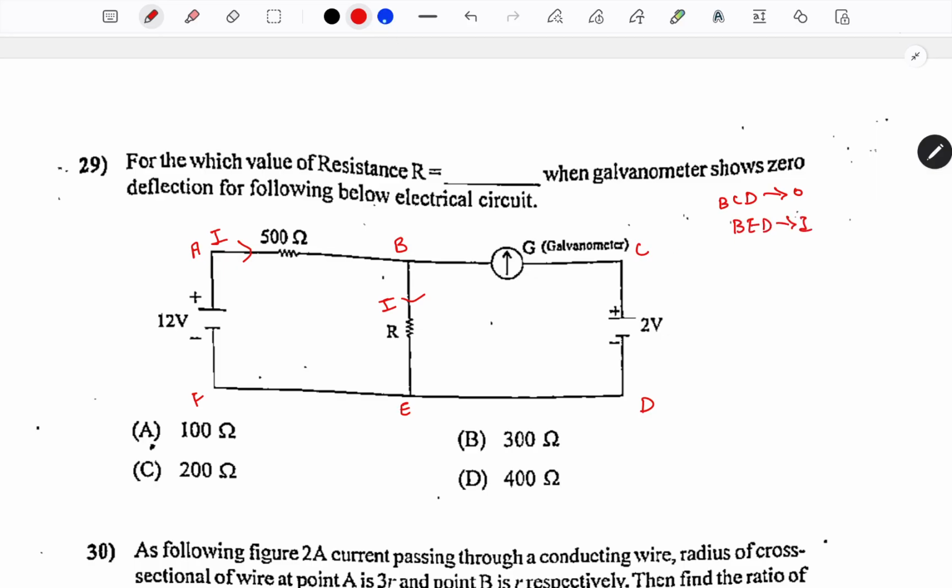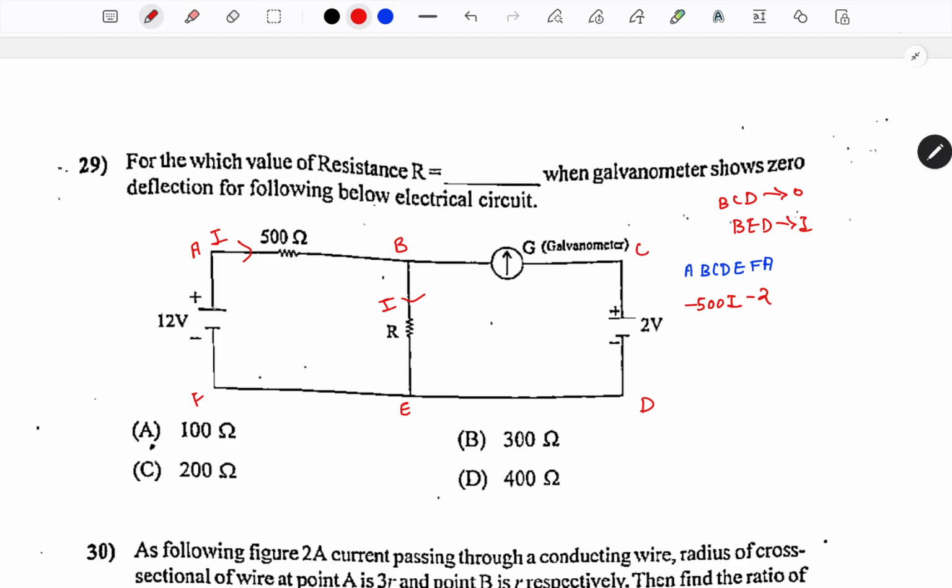Now applying Kirchhoff's law in the path A, B, C, D, E, F and A, meaning the outer loop. On applying this law, it will say minus 500 into I minus 2, because in this line there is no potential drop, and the last is the negative terminal, so minus 2.